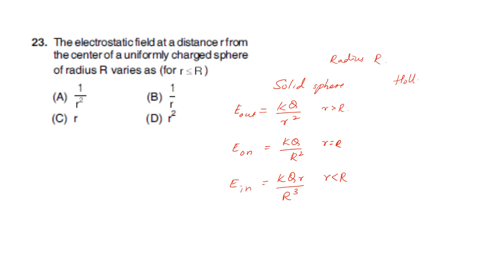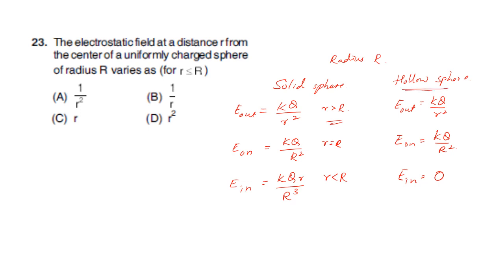So for a hollow sphere, the electric field outside the surface is given by kq upon r square, same as that of a solid sphere. Then on the surface it is given by kq upon R square, but inside it is 0 because there is no charge inside, since it is a hollow sphere.